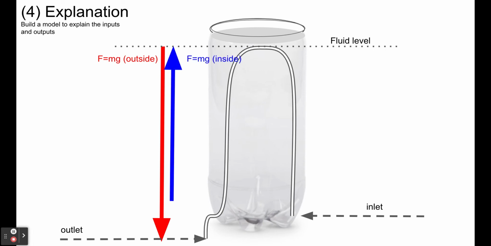If we subtract the force on the other side, where gravity is pulling on the other side, we can see that this is going to leave us a net force on the downward side, which is going to pull the water in that direction. So we can see the water is going to go towards the lower spot.